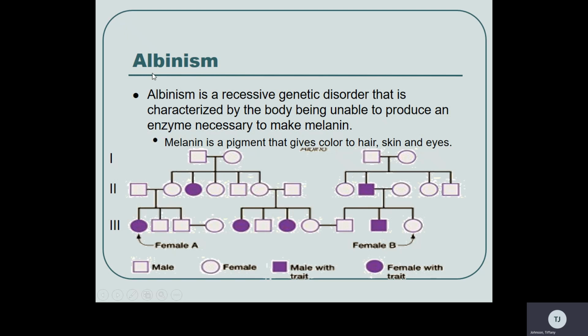Now that makes them very light. They're albinos, and so obviously there are a lot of things that go with that as far as how they have to live. But anyways, remember, I've got 1, 2, 3 generations. So grandma and grandpa are normal, but they're heterozygotes. They're carriers. They have to be in order to have a child here, right here, who's little a, and a child here who's little a. Like they have to be normal.